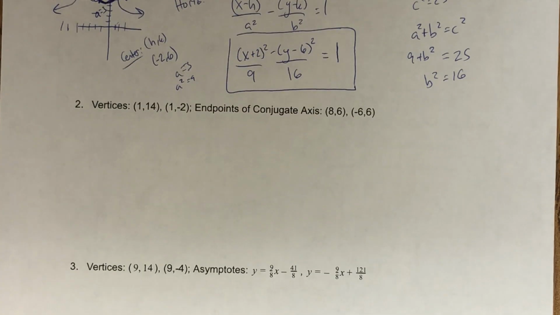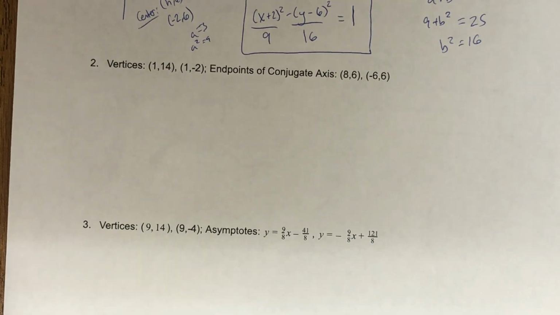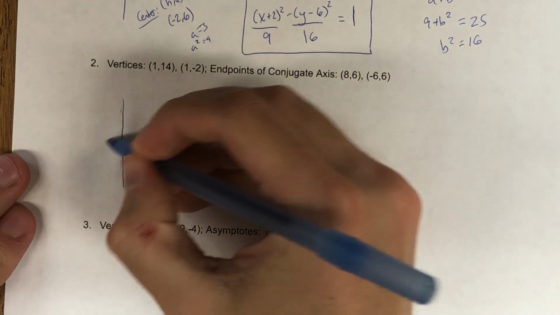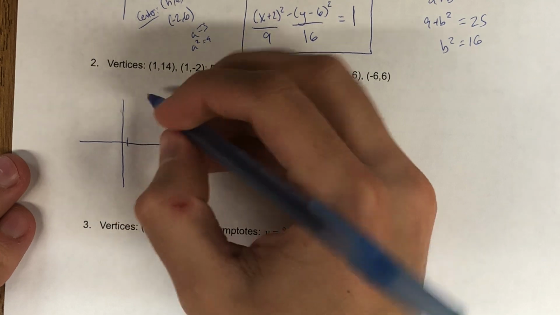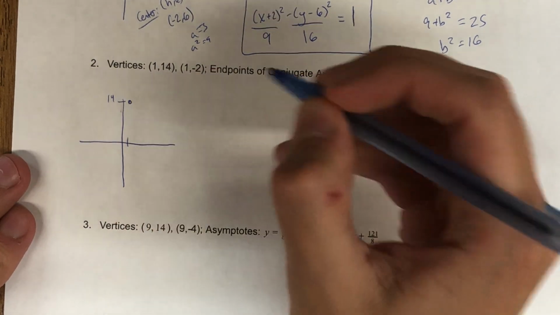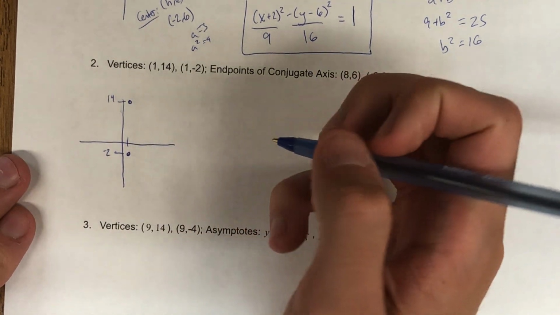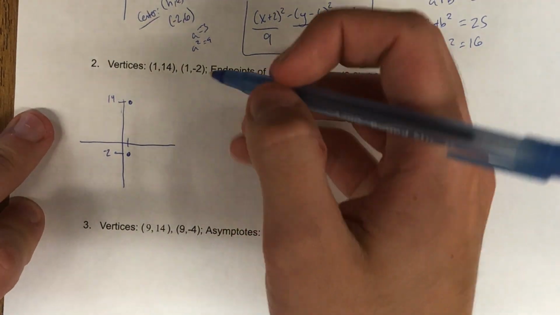Okay, on to number 2. Again, as always, being able to identify these points or draw a little picture can usually be pretty helpful. We'll start with our vertices. We have vertices at 1, 14 and at 1, negative 2. Our center is going to be right in between.